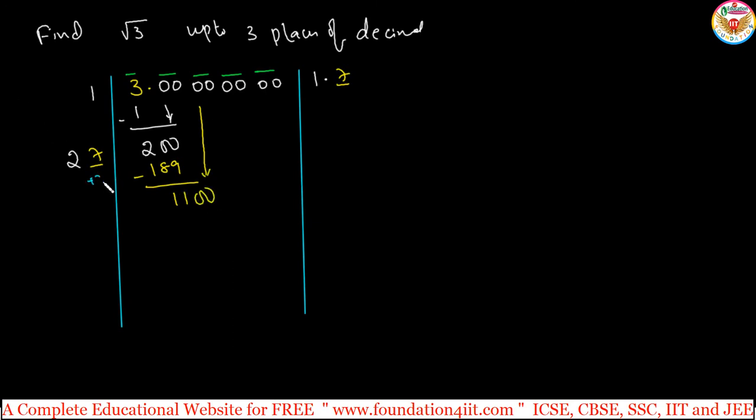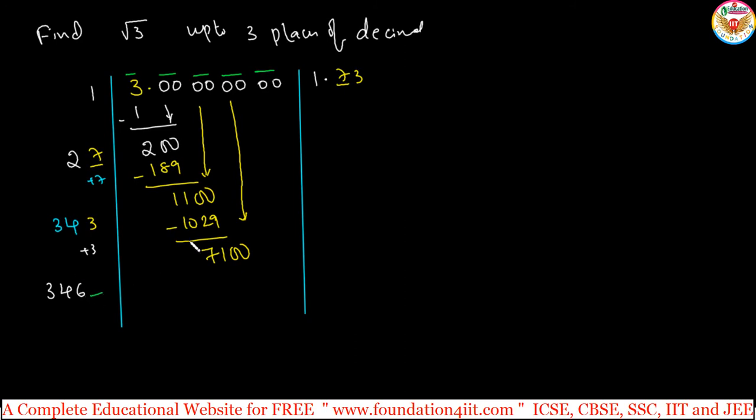27 plus another 7 is 34. So I can do rough work for these 2 places. 343 threes are 1029, right? Subtract this: 71. Next set, take this. Now the same, plus 3, one more I can add: 346.